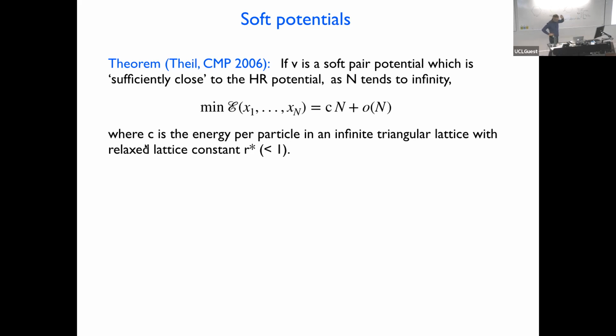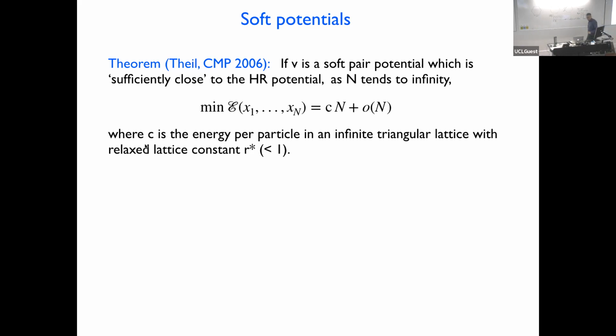Usually, you say that you get the optimal density by a lattice. It doesn't say that all minimizers are lattices, but it says you get the optimal energy per particle.